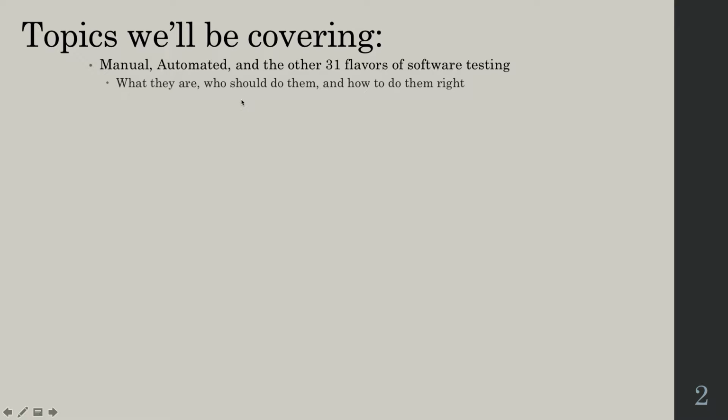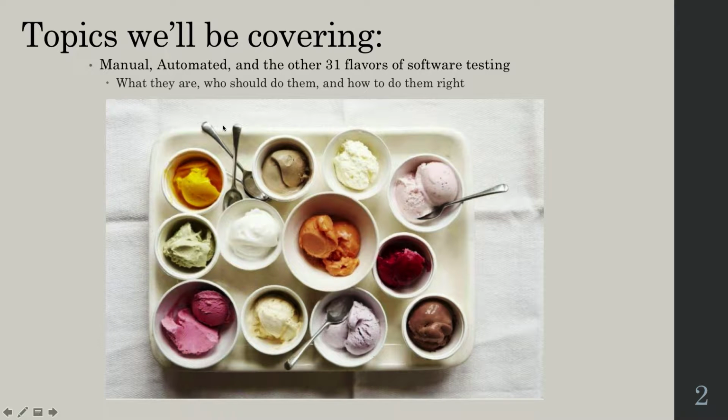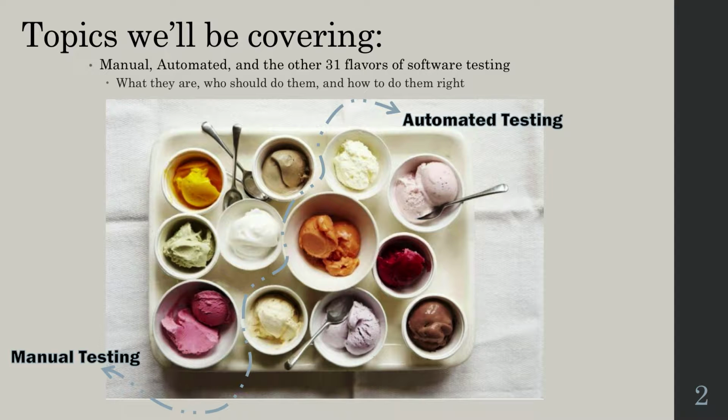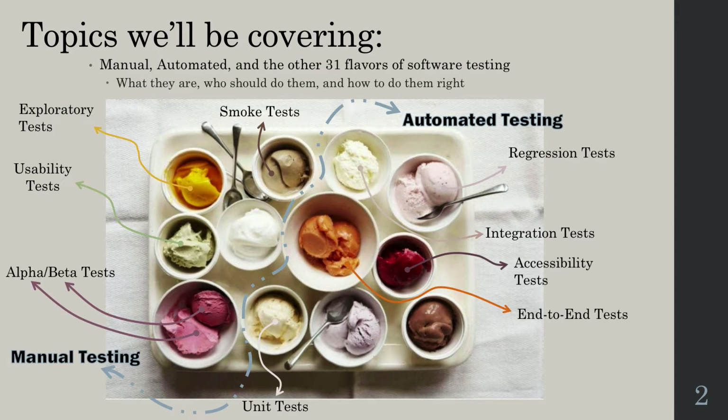I like to call this manual, automated, and the other 31 flavors of software testing: what they are, who should do them, and how I think you can do them right. If this is a picture of all the different kinds of tests you've heard about, you can roughly divide them between manual and automated, and then you have everything else.